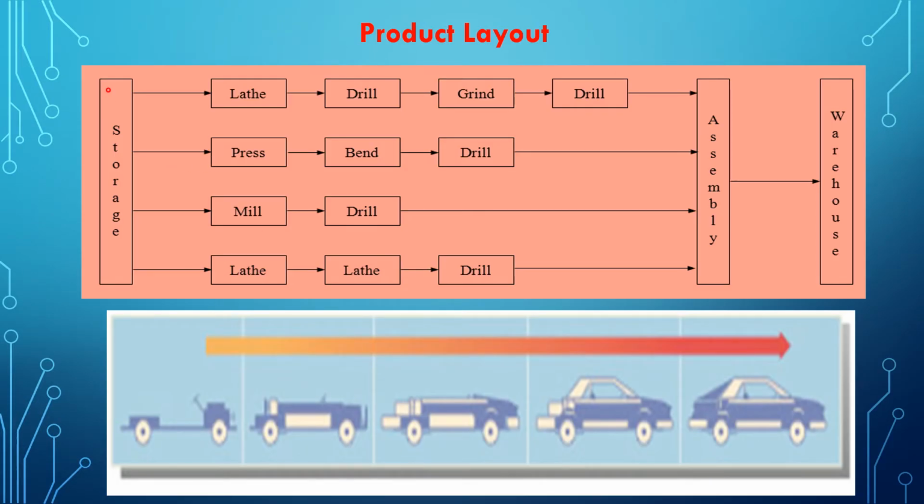Next example, material enters the industry and goes parallel on the various machines, and after all assembly is done it is shipped to the warehouse. This is one of the best examples: car manufacturing.